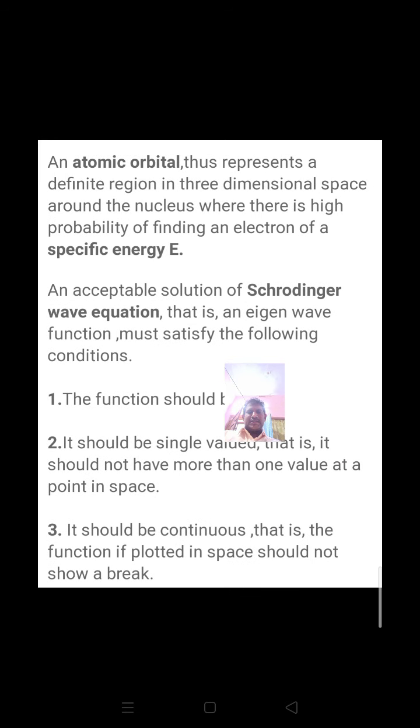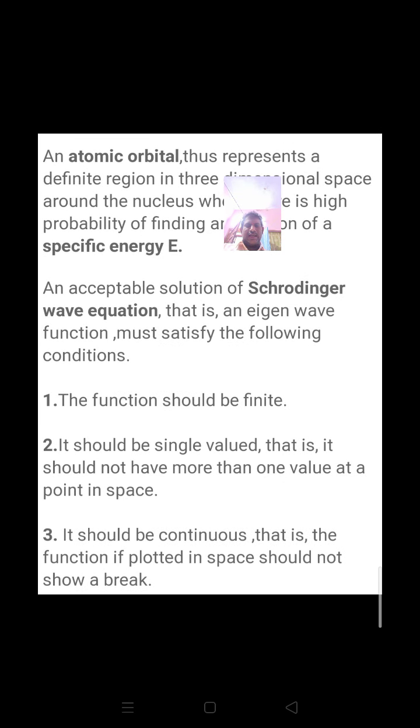An acceptable solution of the Schrodinger wave equation, that is an eigenfunction, must satisfy the following conditions. The wave function should be finite. The wave function should be single valued, that is, it should not have more than one value at a point in space.